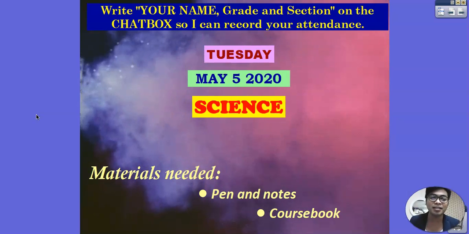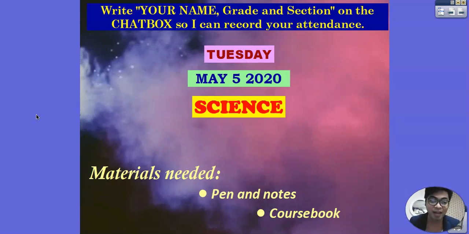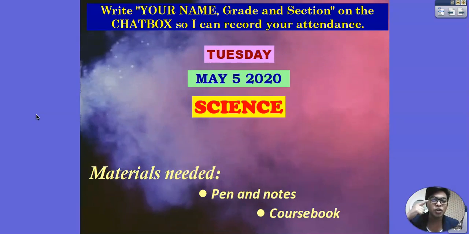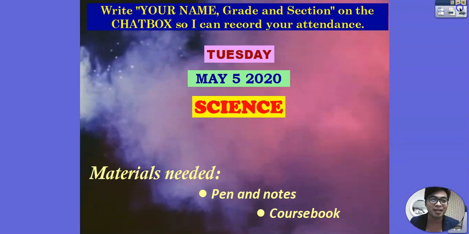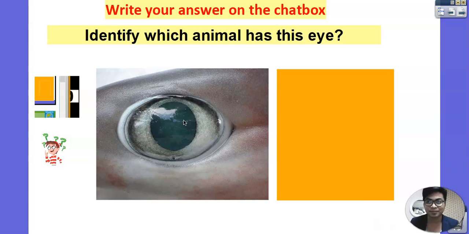I'm going to give you some mind-boggling pictures to answer, and I need you to sharpen your eyes and look carefully at this. Here's question number 1. Identify which animal has this eye found here.